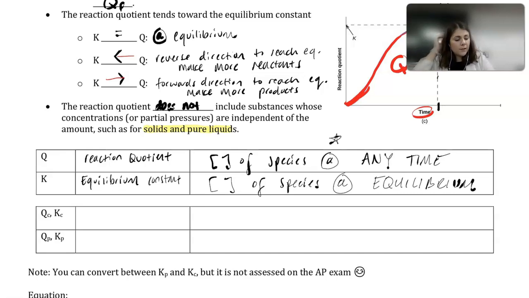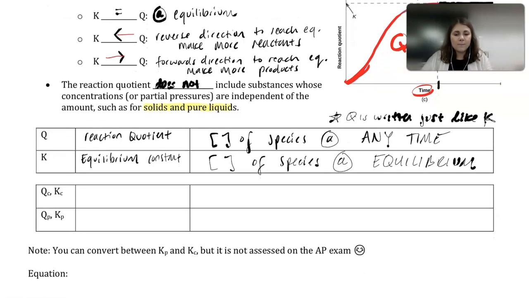Now, I do want you to put here that Q is written just like K. So just how you learned about K, doing the concentration of products raised to their coefficient divided by the concentration of reactants raised to their coefficient, same thing.